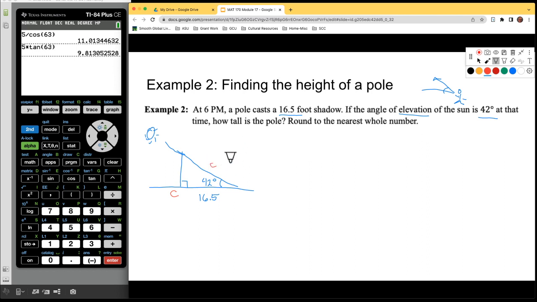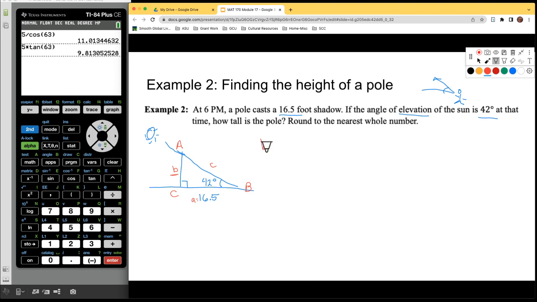We don't need to solve for how long the shadow is, or the top, but the important part is this. We could call it either A or B. Maybe we'll call this B and this A, so that makes this angle B and this angle A. We don't really have to find angle A. All we need to do is find B.